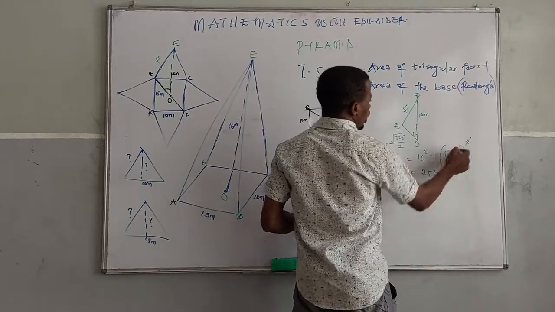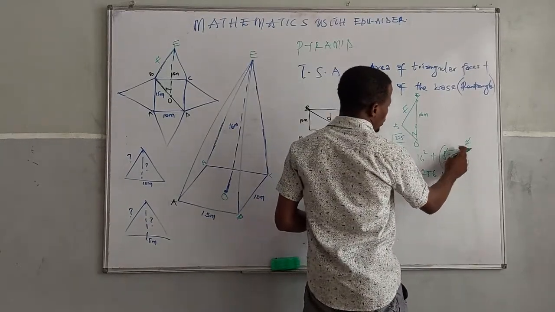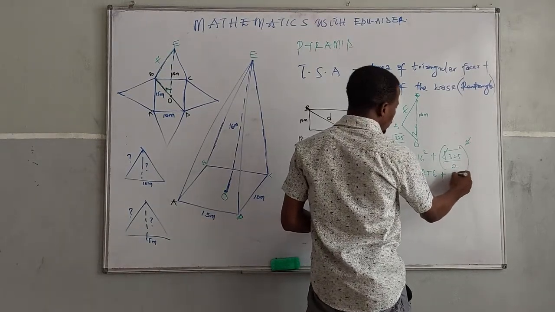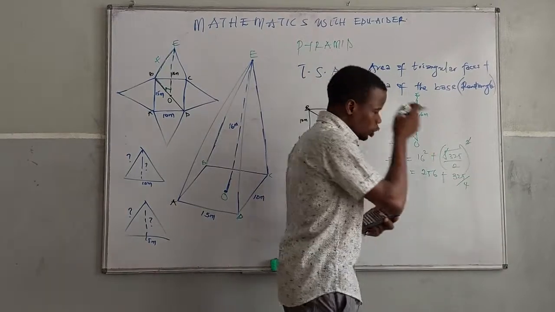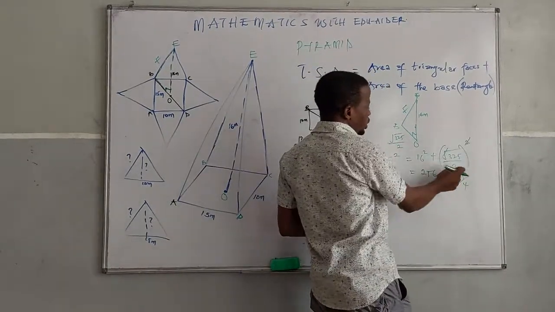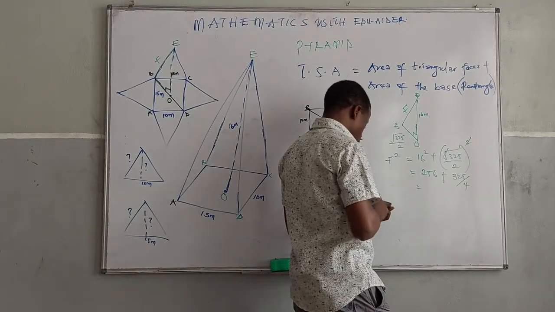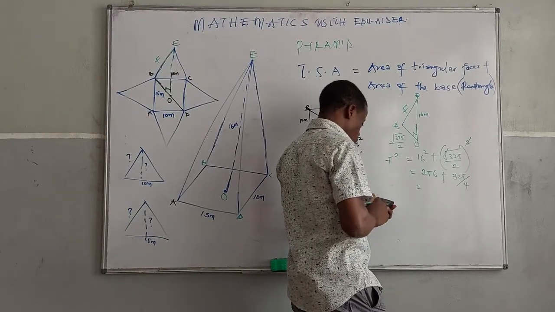Squaring this cancels the square root, and squaring the 2 makes it 4. So we have 325 divided by 4.